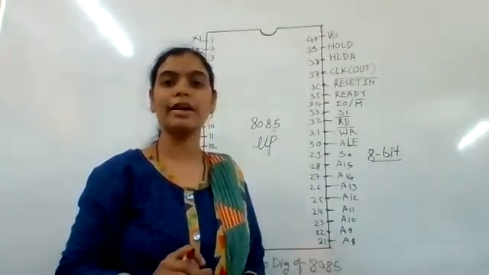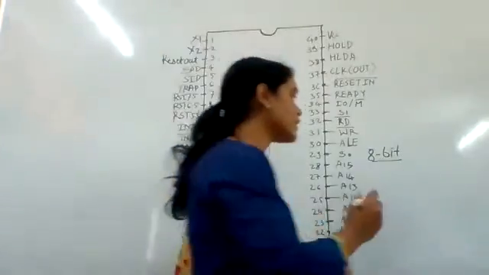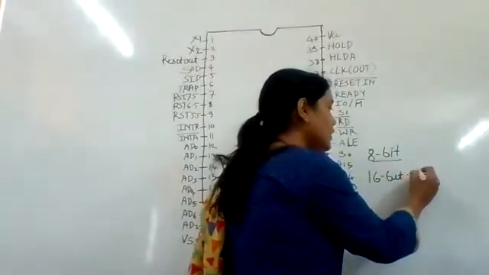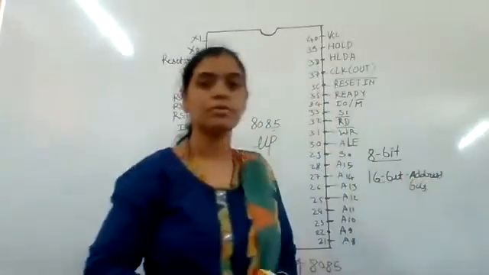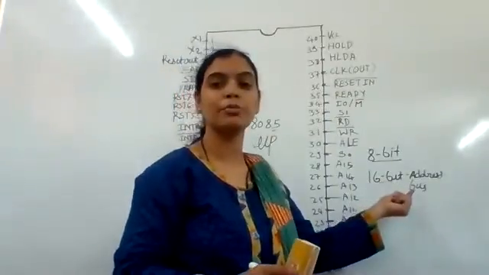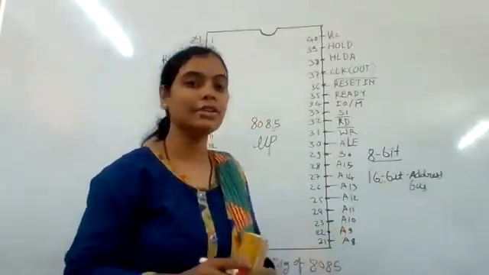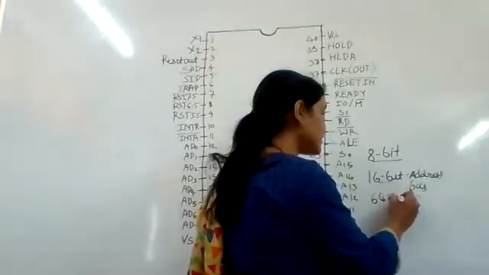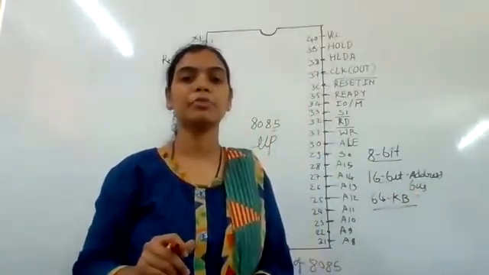The size of the address bus in 8085 is 16-bit. Thus, it can address 64 KB of memory.